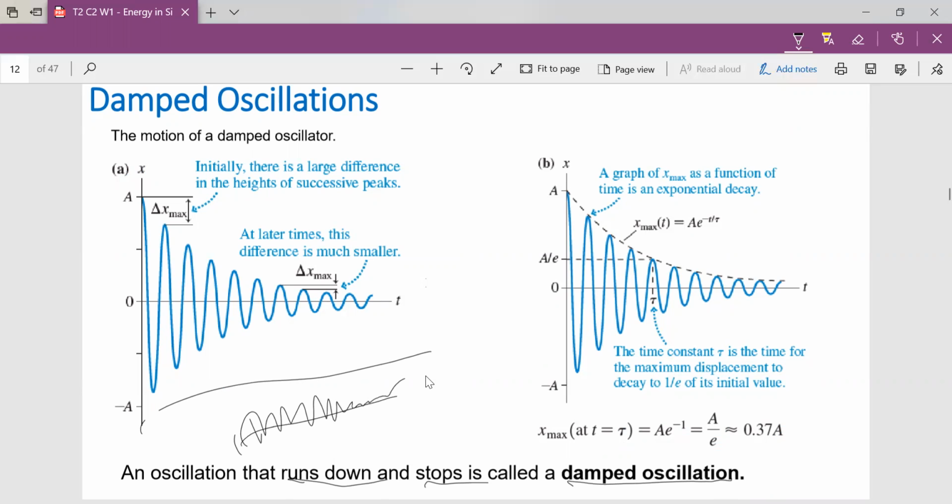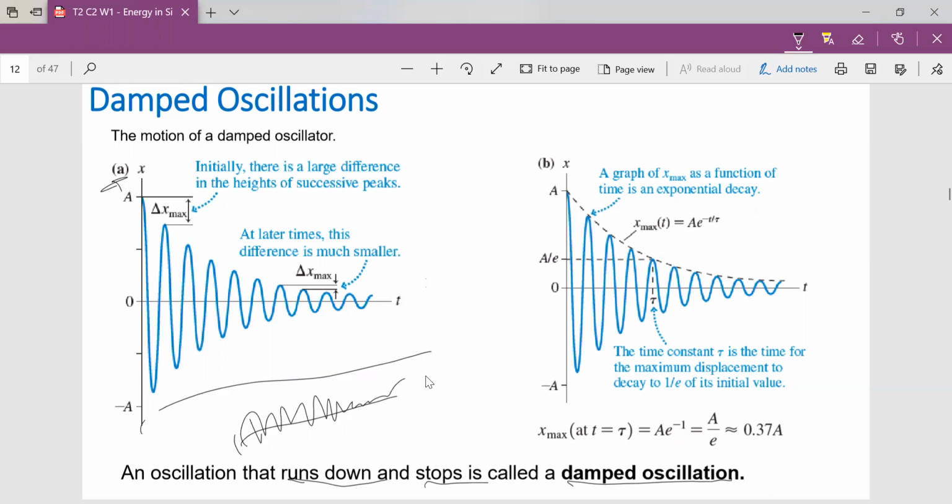This process is what we call damped oscillation, oscillation that runs down and stops or fades away.